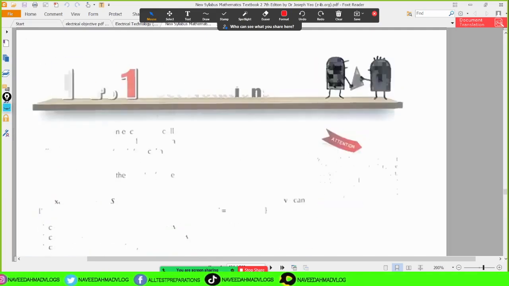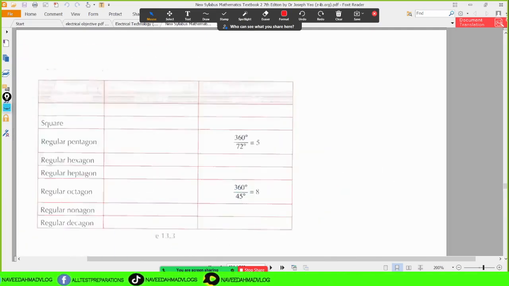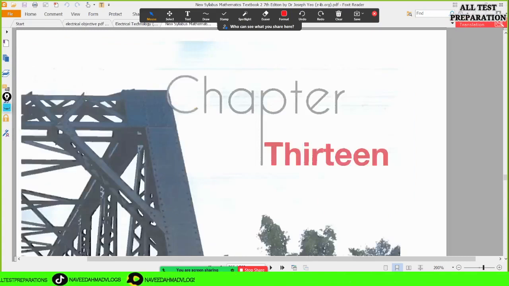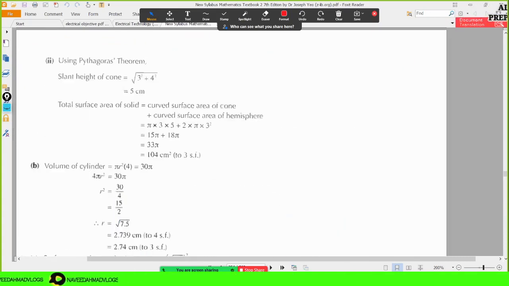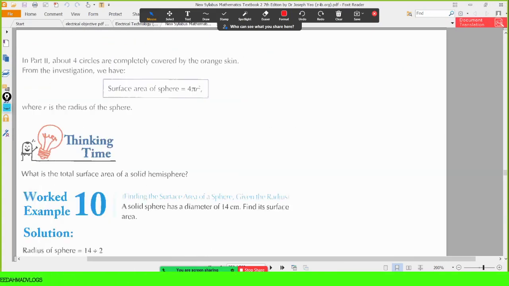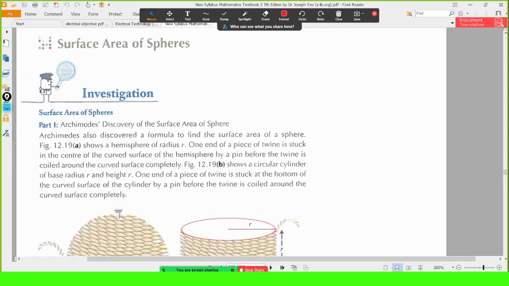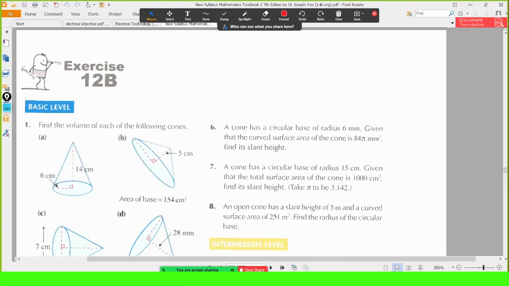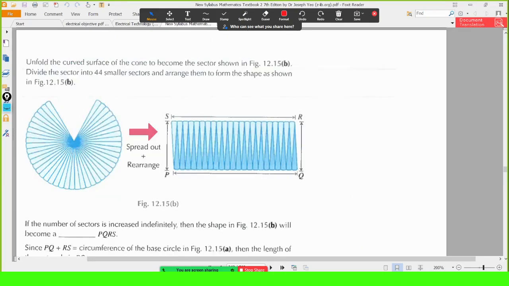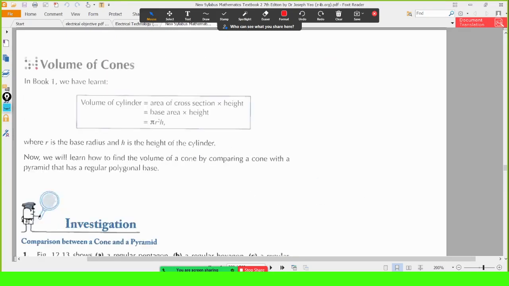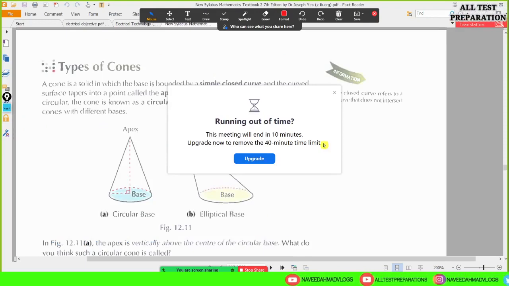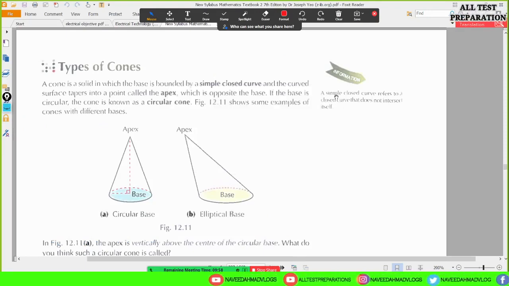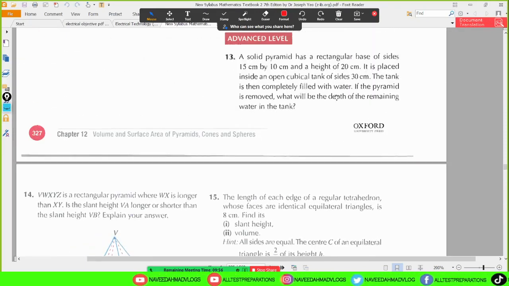I had confusion in the questions about the shapes melting and the capacity of tank. Like, can you repeat your question? 1 minute, I'll find the question in the book. Okay, two question. Question number 12. On which page?